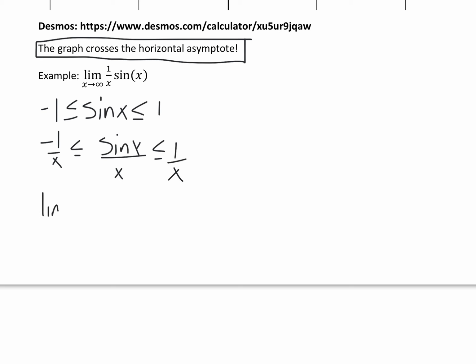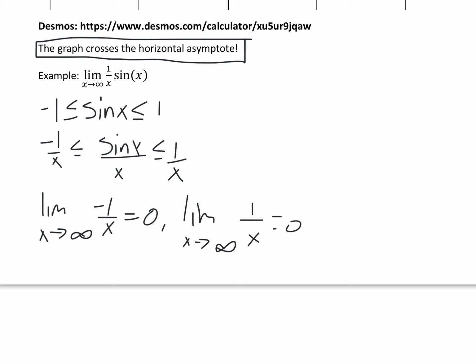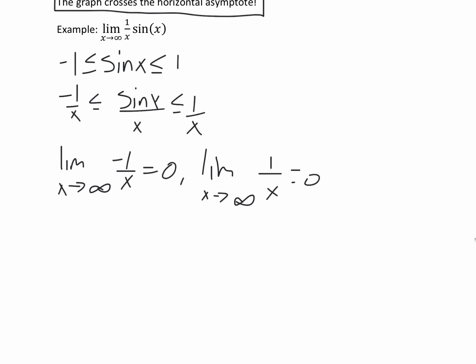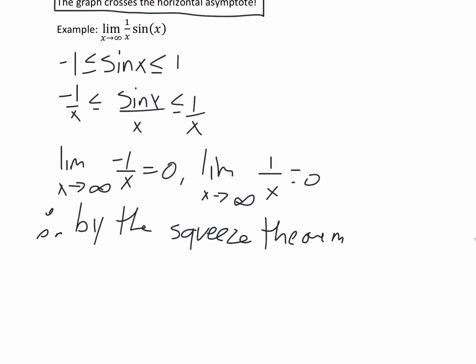So the limit as x approaches infinity of negative 1 over x is going to be 0. And the limit as x approaches infinity of 1 over x is also 0. So we can say, therefore, by the squeeze theorem, the limit as x approaches infinity of 1 over x times sine x is equal to 0.